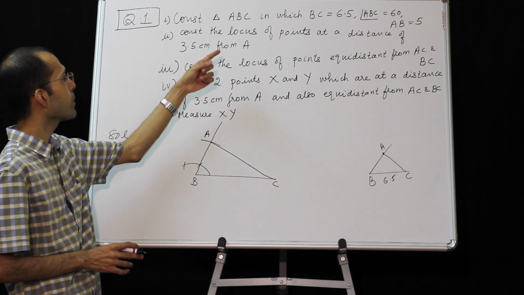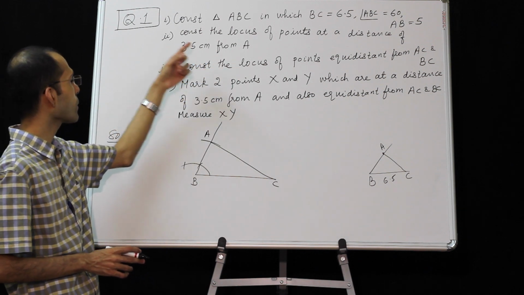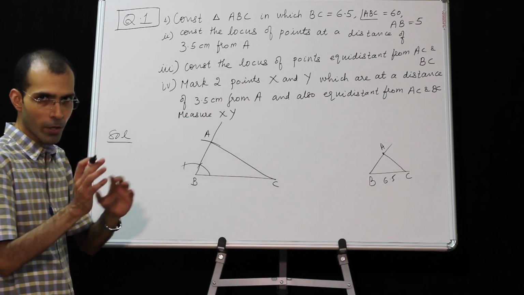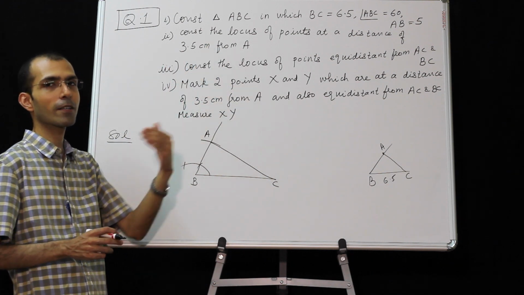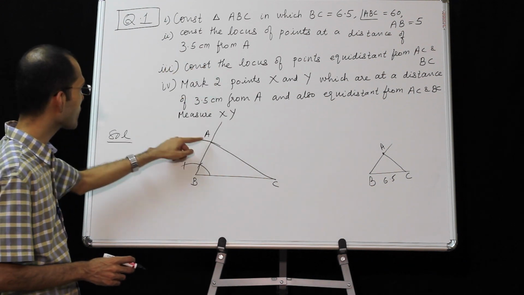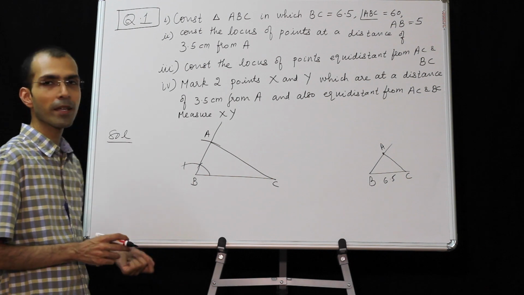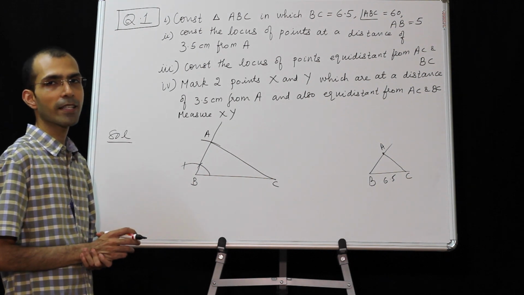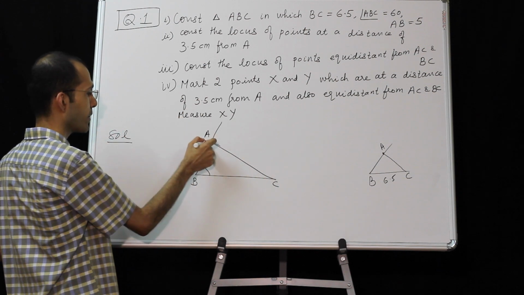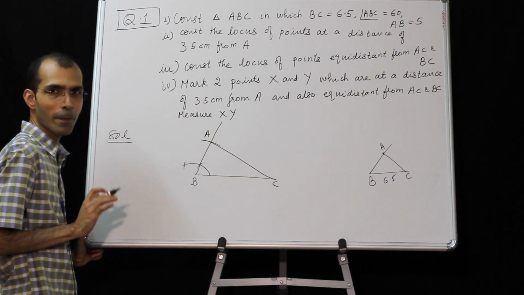Construct the locus of a point at a distance of 3.5 centimeter from A. Now you have to understand which concept to apply, 1, 2 or 3. Now 3.5 centimeter from A means it can go 3.5 here, 3.5 here, anywhere it can go, isn't it?